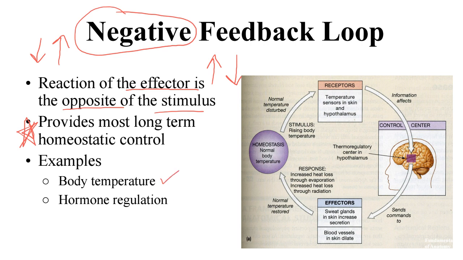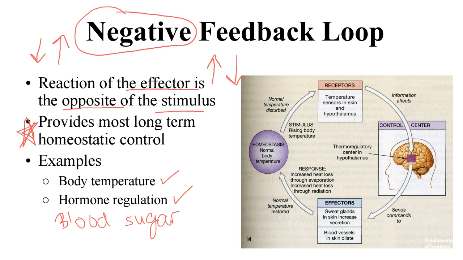It helps regulate body temperature. It helps with hormone regulation. This is what happens when you start sweating. This happens in blood sugar regulation. So in addition to hormone regulation, pretty much anything that needs to be maintained is going to be maintained by negative feedback.